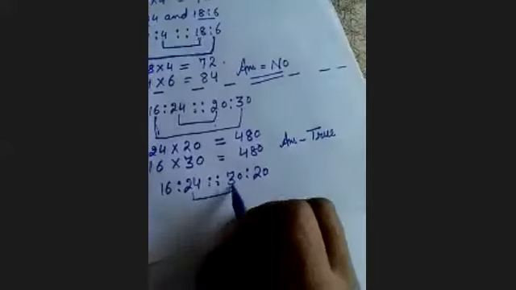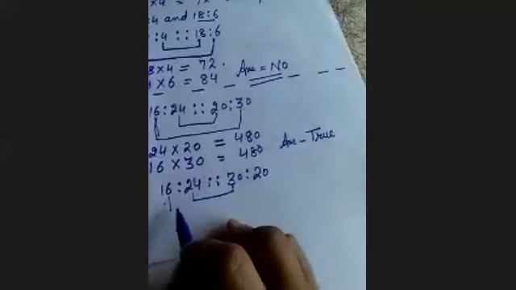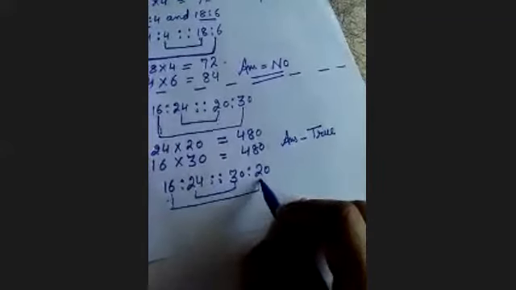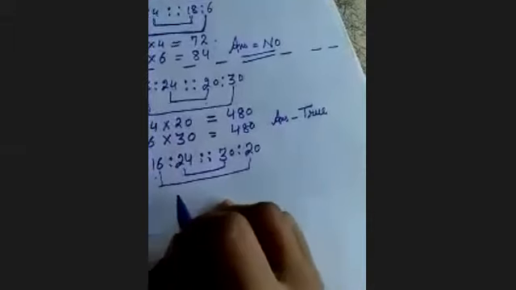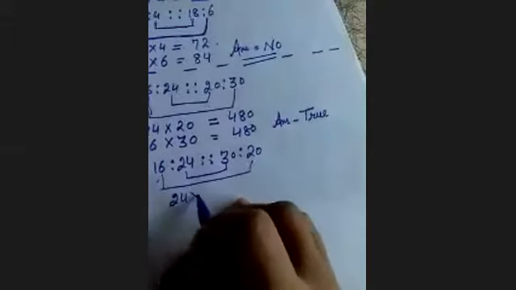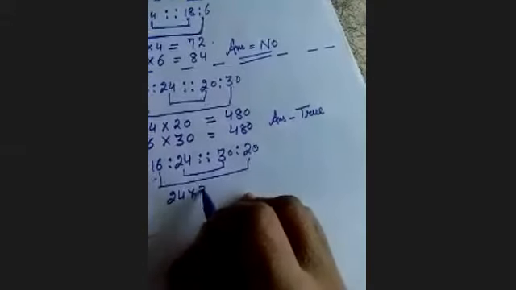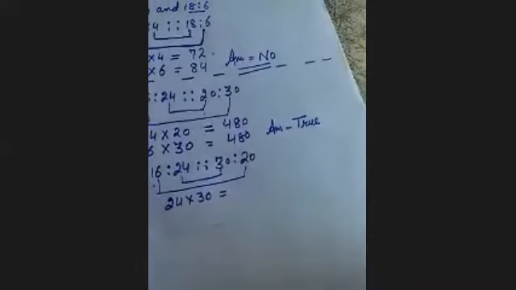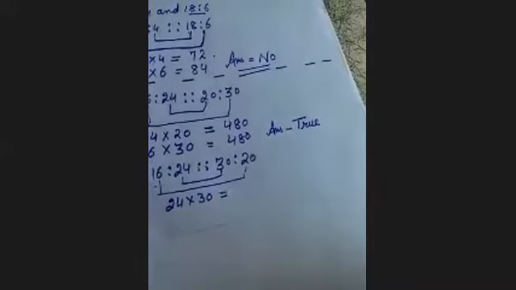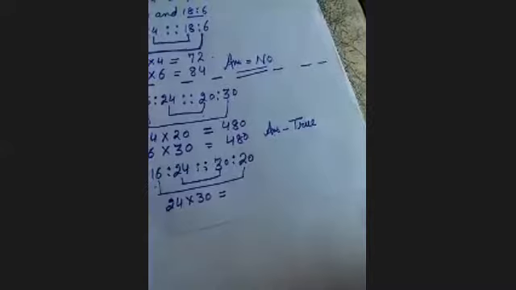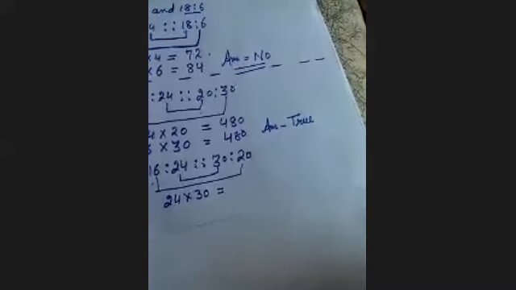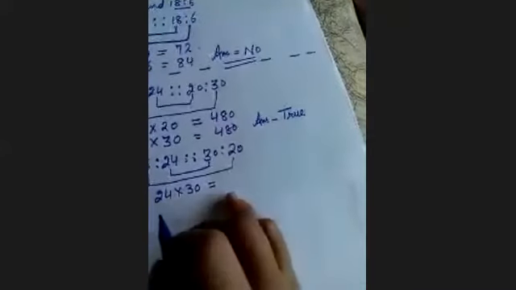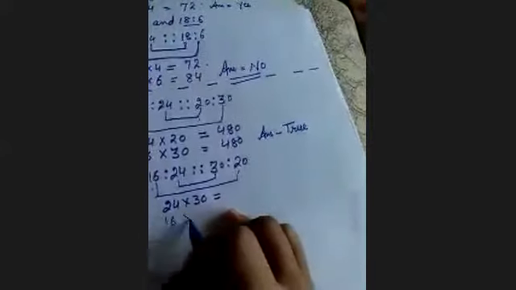Once again, find the product of means and product of extremes. 24 into 30 and 16 into 20.